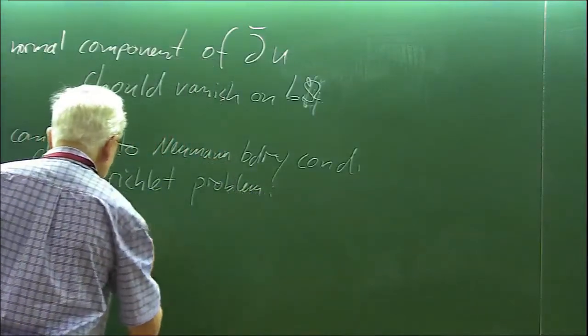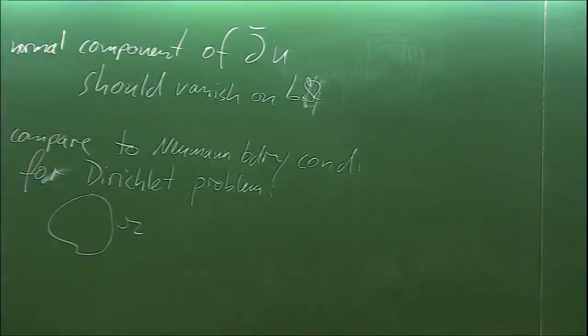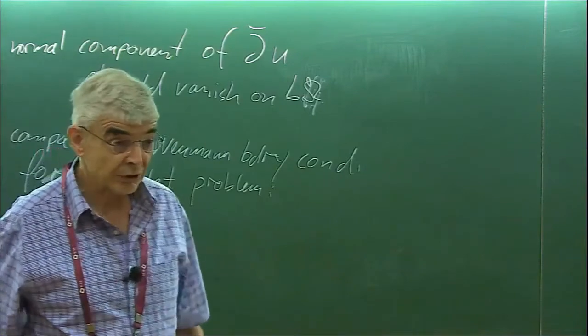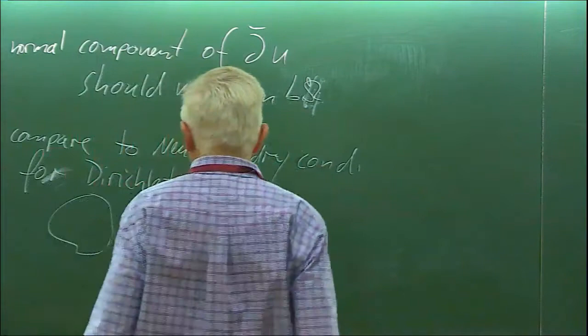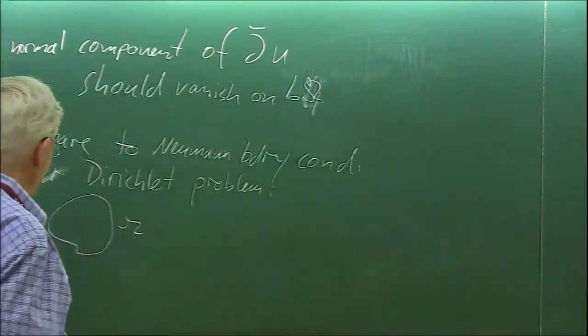So if this is the domain, well, the Neumann boundary condition just says that the normal derivative of the function should vanish on the boundary, right?